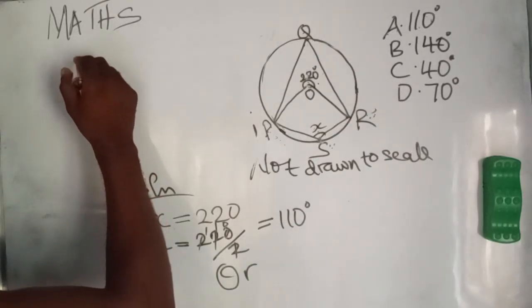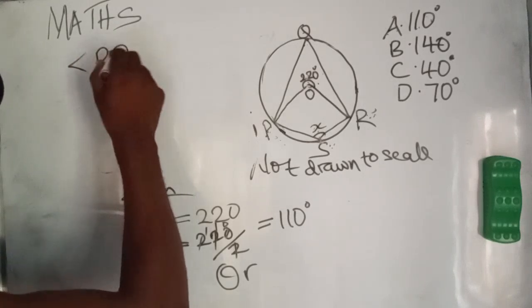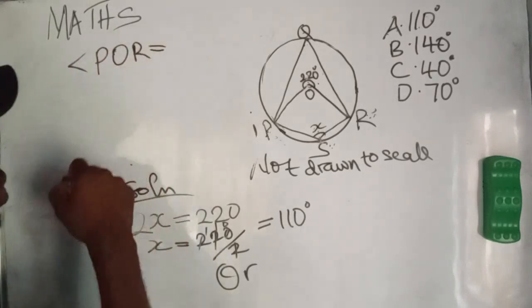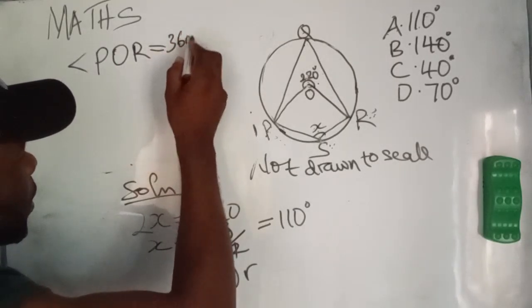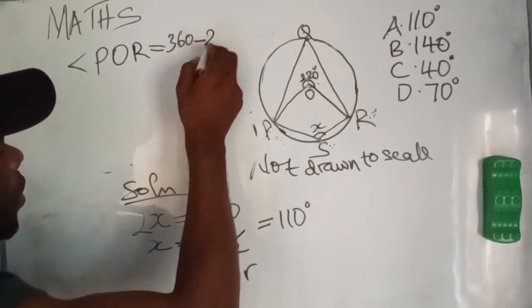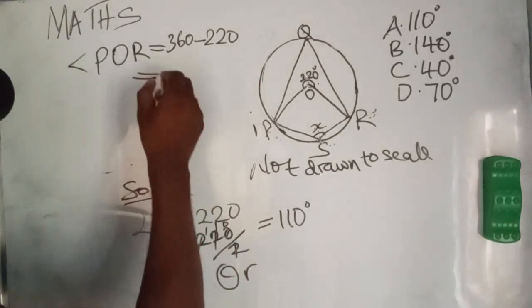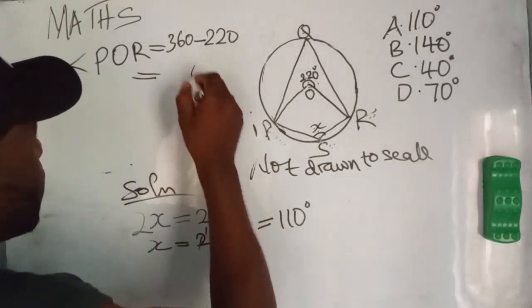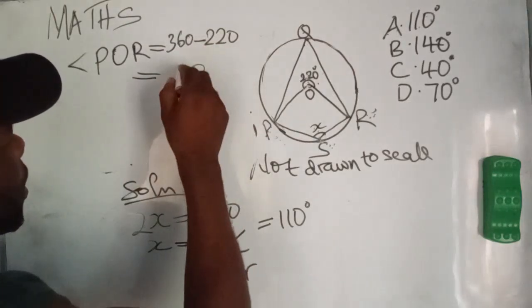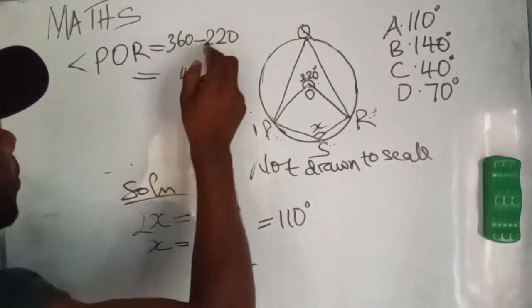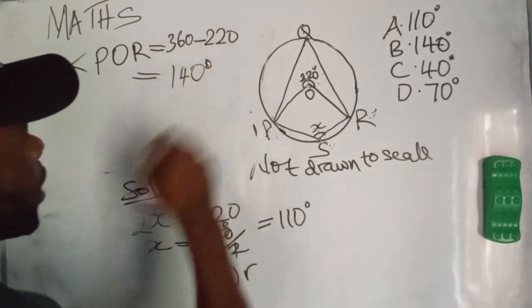That means angle POR is equal to 360 minus 220 degrees, which gives us 140 degrees.